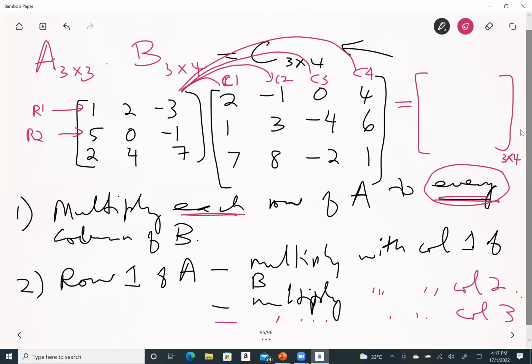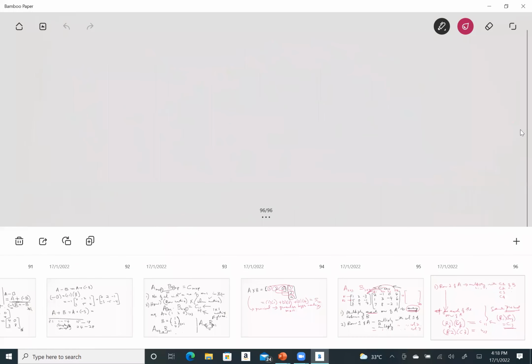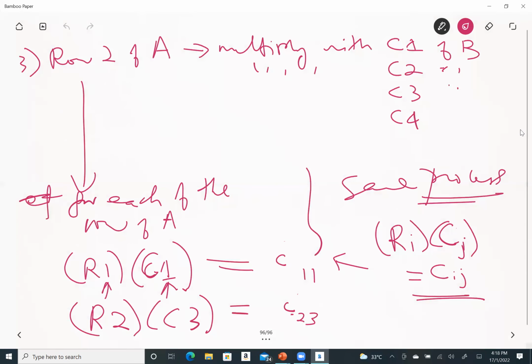Okay, what is the number you get? Anybody who gets it, the first person who gets it, let me know, and then we will go through. Who has got it? So you multiply row 1 with column 1.